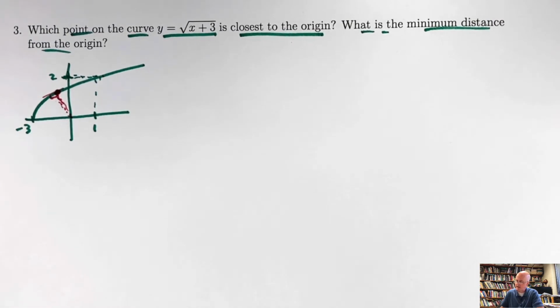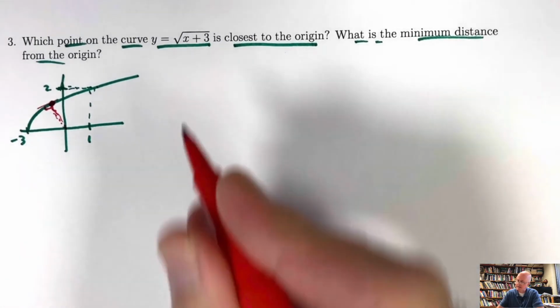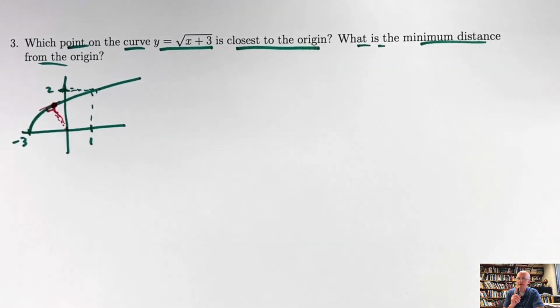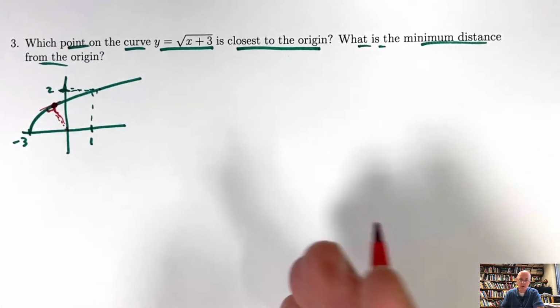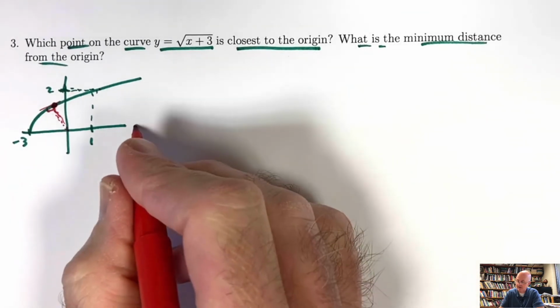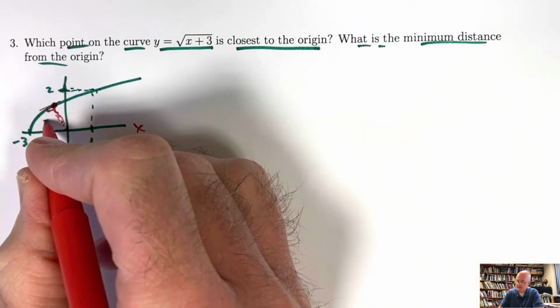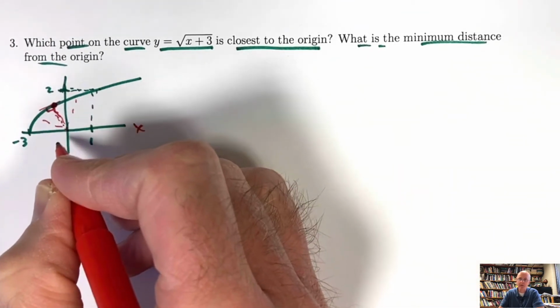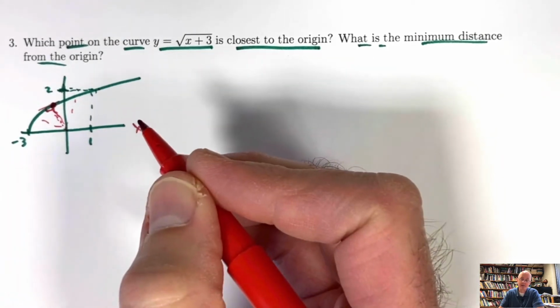So what is the function you want to optimize here? Okay, here's a little trick. The function you want to optimize, minimize in this case, is the distance to the origin function. As x varies, you get different distances to the origin. You want to figure out how that distance depends on x.